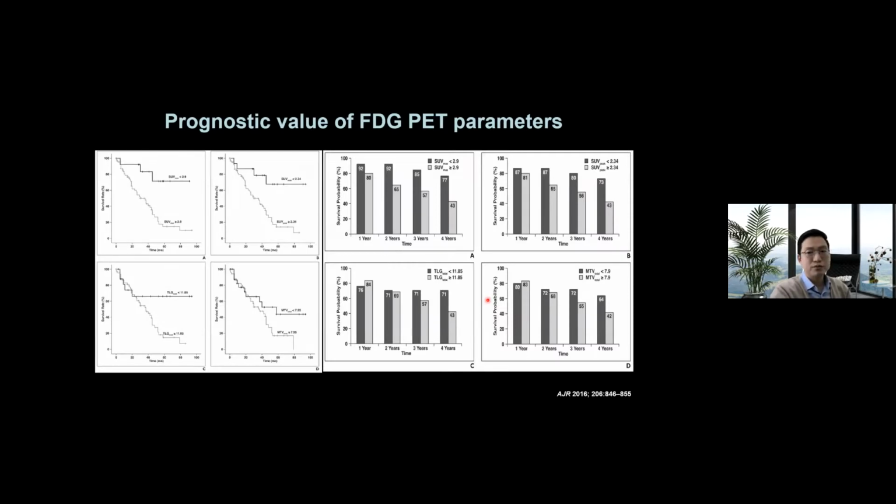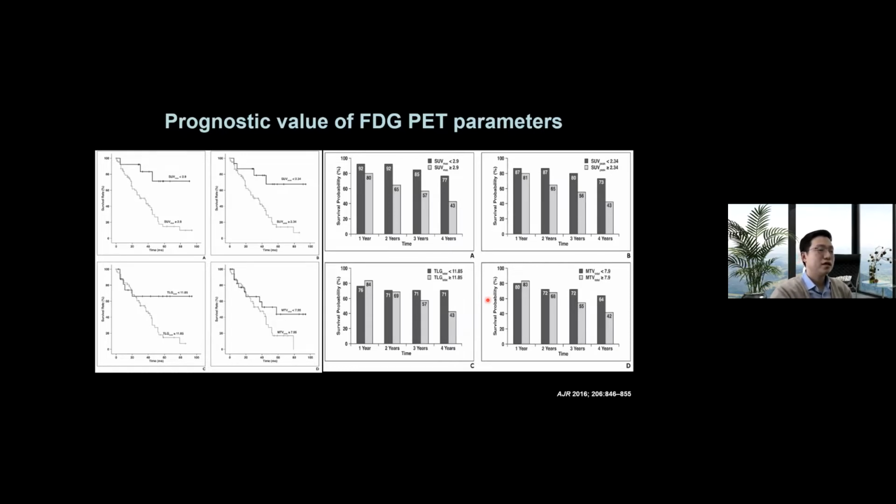So for the prognostic value of FDG PET CT scan, I think the most powerful evidence is that from that meta-analysis. FDG PET reduction, PET response during or after neoadjuvant chemotherapy, is predictive of survival.